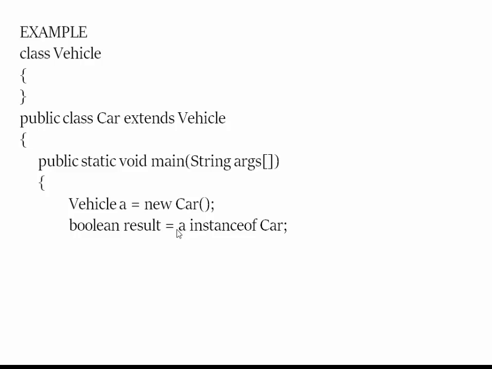So if the left hand side operand is an object of the right hand side operand, in this case it returns the value true, otherwise it returns the value false. And print the value of result, close the main method and close the subclass.